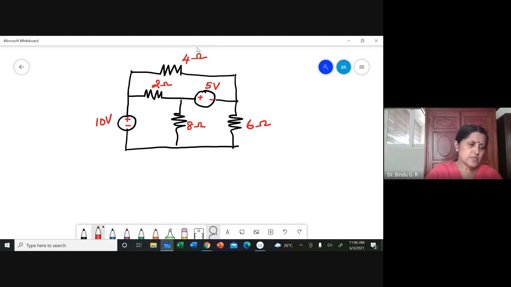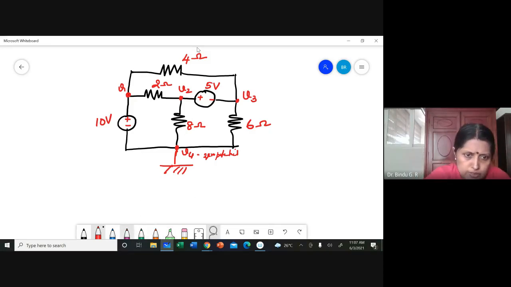You are asked to find something through node voltage analysis. You know that there are nodes V1 and V2. Yes, there is a third one, V3. And you can even have a V4, which I'll take as the reference node. This is at zero potential, which is what I always take as zero potential.